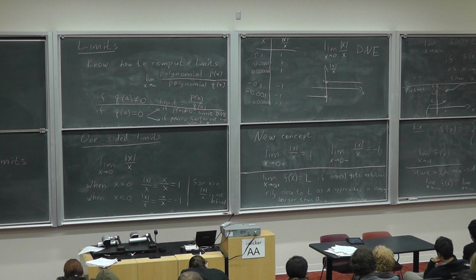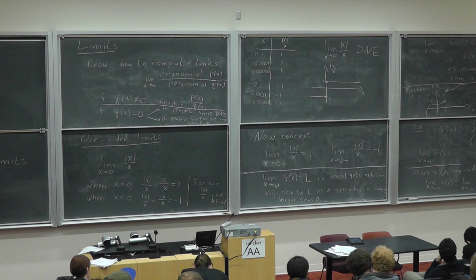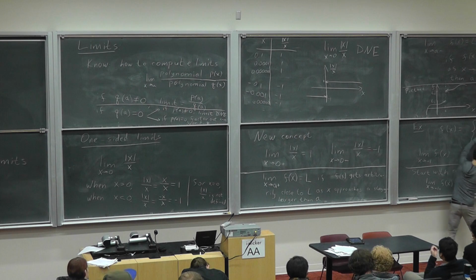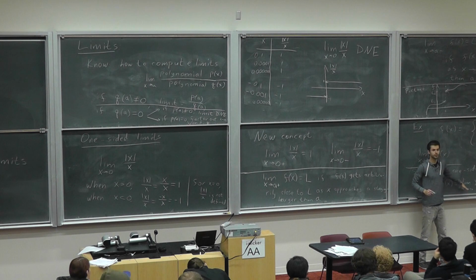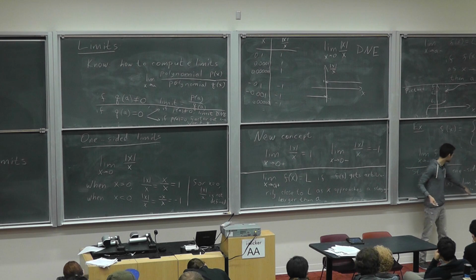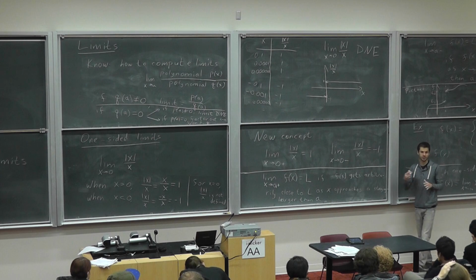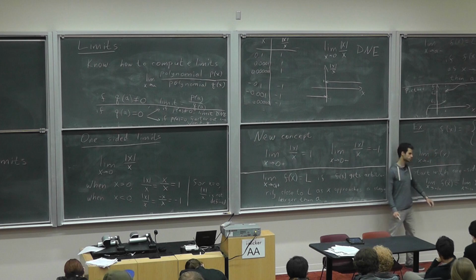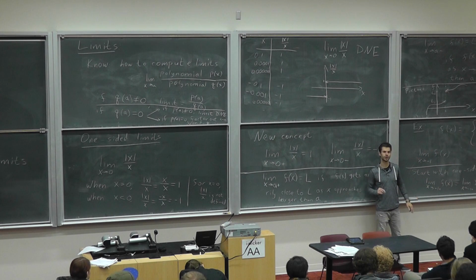The first one or the second one? So x is close to -1, but a little bit larger. Which formula should I use? First one, yes. So x is larger than -1. I'm using the first formula. But this limit is really simple. When x is close to -1, regardless of whether it's larger or smaller, x squared is close to 1. So this one-sided limit is equal to 1.